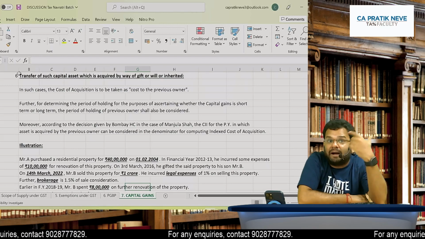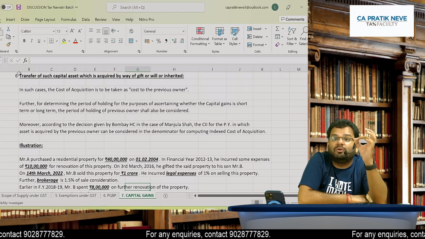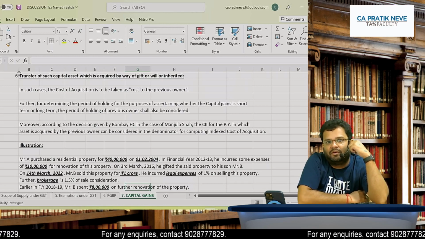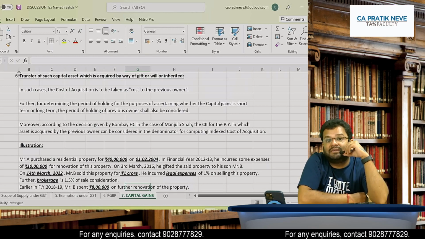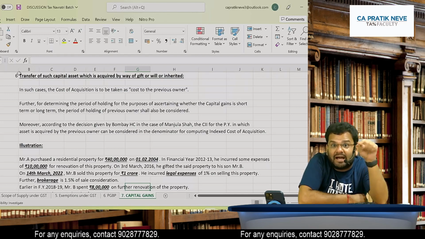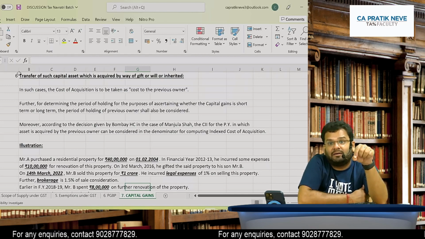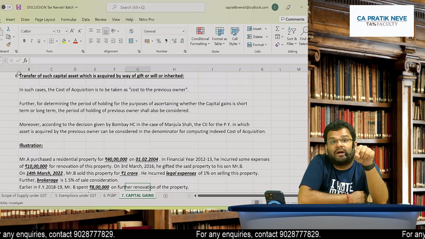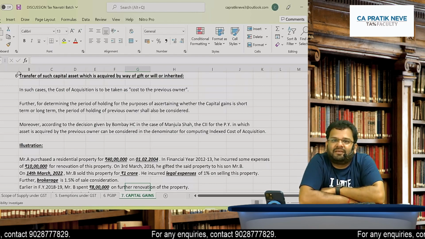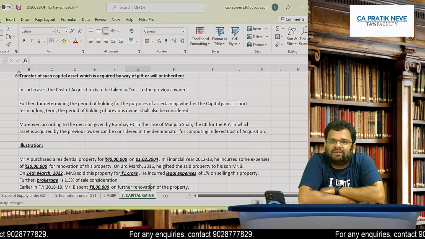If you take it as acquired by Aditya, then you are not applying the Manjula Shah case. What the Manjula Shah case says is, you can take in the denominator the CII for the PY in which the asset was acquired by the previous owner. So who is the previous owner? His great grandfather.